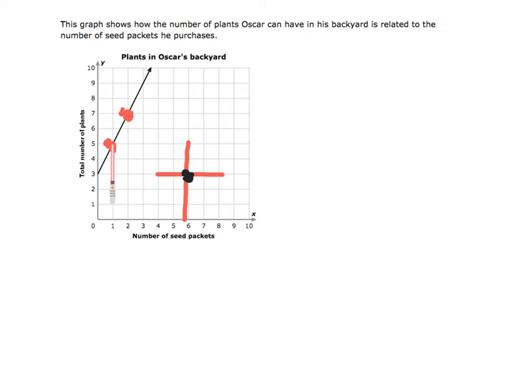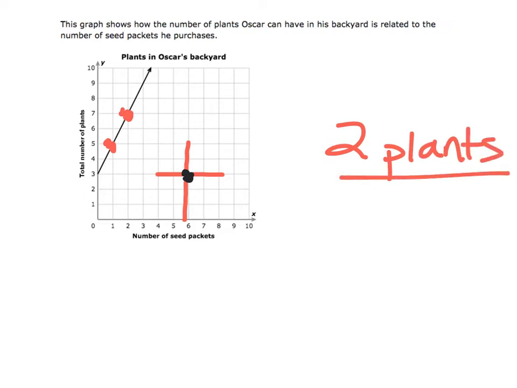This one is at 5 and it goes up to 7, so that was 2. Remember, this axis is always the numerator. So the number of plants is 2 plants over, how much did it change here? It went from 1 seed packet to 2 seed packets, so this is a 1 seed packet line and this is a 2 seed packet line.